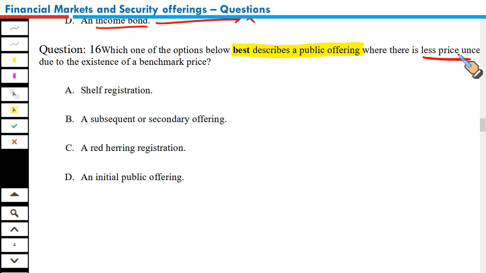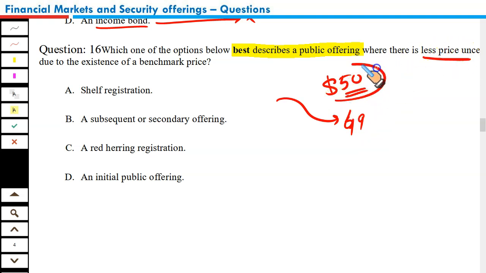If the company is already listed and brings in any subsequent or secondary offering, say its share is already trading at $50, when we bring in new shares we would know what the likely price is going to be. Of course, we will underprice the shares a bit to make investors invest more, maybe at $49 or $48. That indicates there is less price uncertainty because we already know the price in the market, so we will price these shares somewhere close to 50.